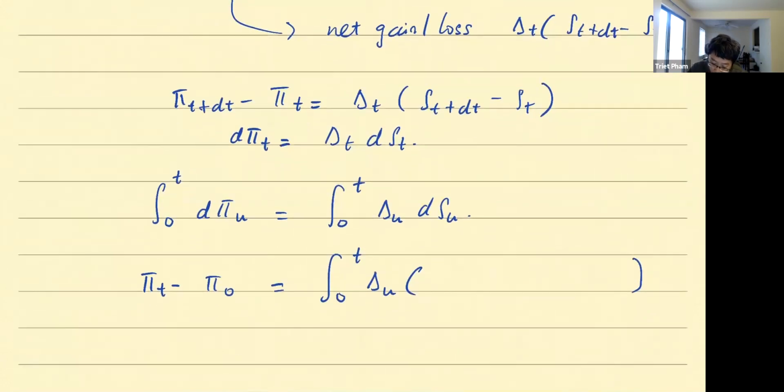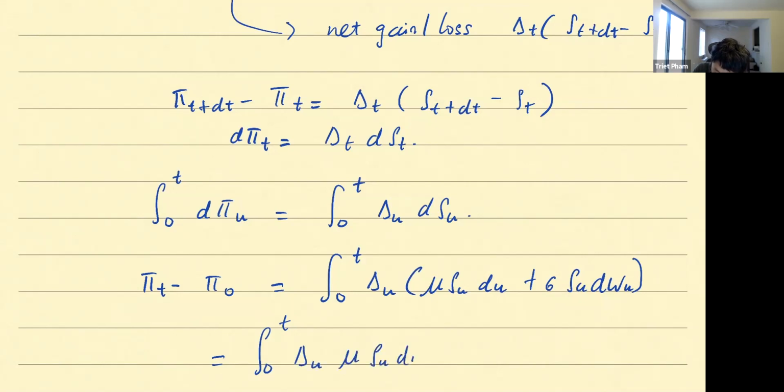In other words, it will be mu times the stock price times the time differential plus volatility times the stock price times the shock in the market. That means I can view the net gain or loss of my portfolio as two pieces. The first piece is the time investment piece, and the second piece is the shock from the market.